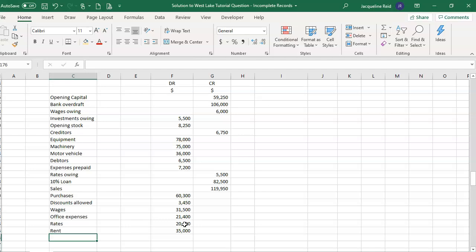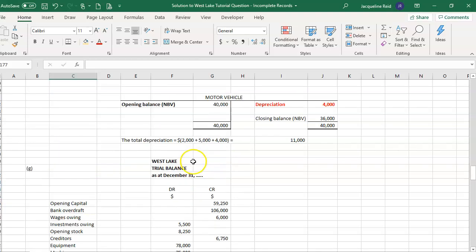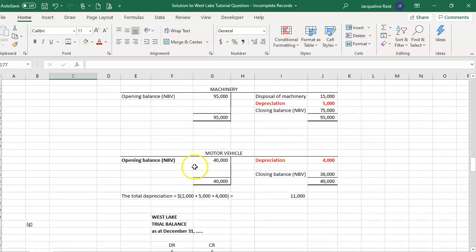And while we're at it, we also recognize investment income, the true investment income, which turned out to be, let's go back and look. The investment income was $25,000. So let's throw that in.